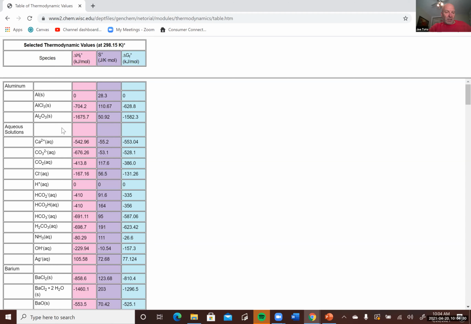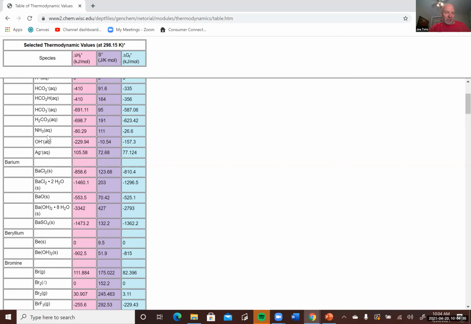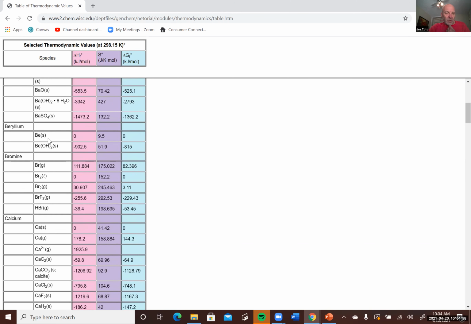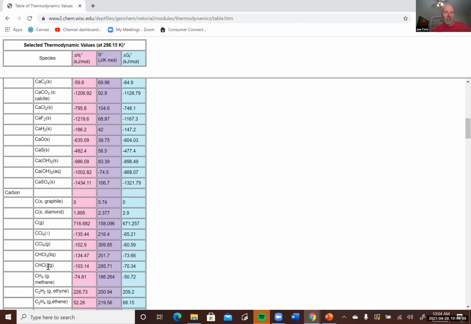And other species that exist in standard conditions will also have zeros, like bromine liquid. That's going to have a delta H of formation of 0 and a delta G of formation of 0. Calcium solid will as well, and so forth. So sometimes you won't even see these tabulated for those values, and you'll just have to know that they're 0.